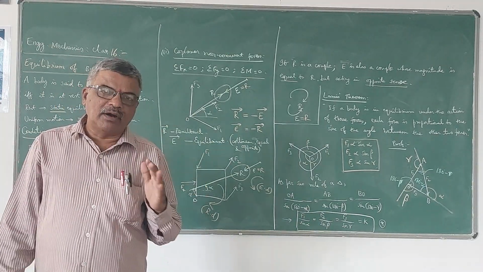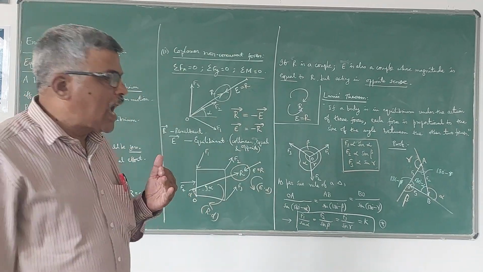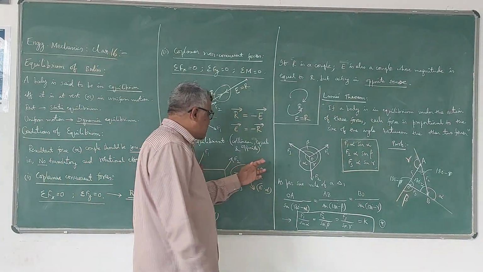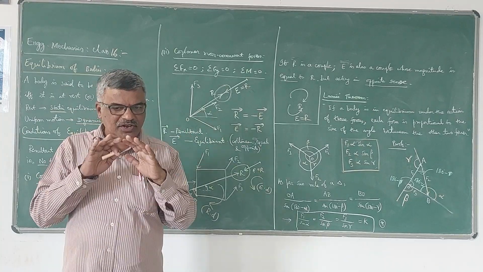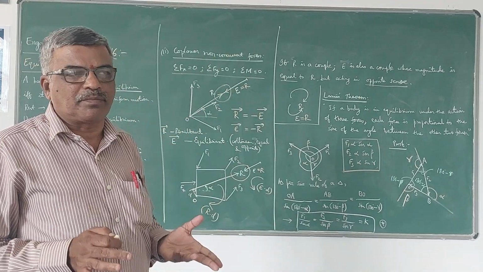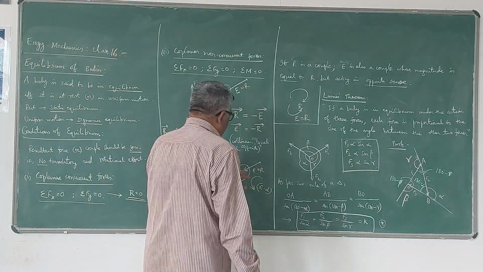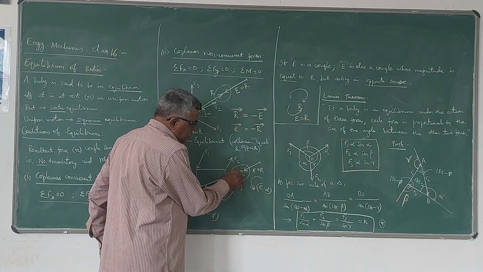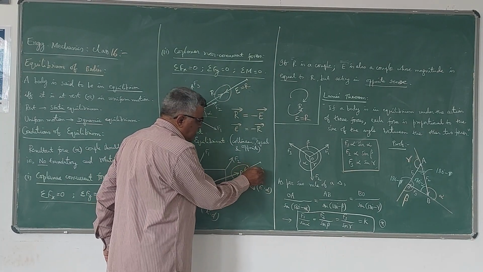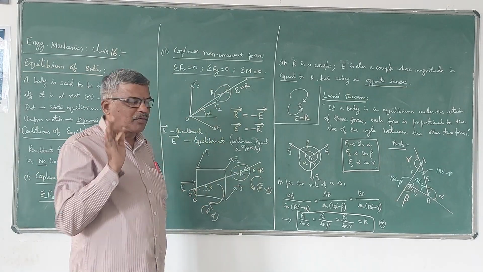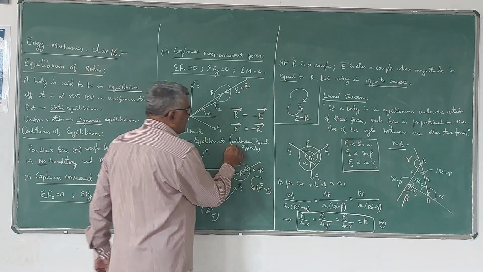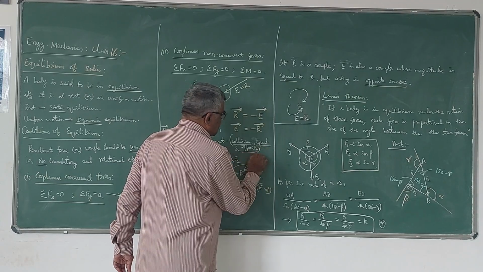But you have to take the equilibriant acting in the opposite direction of the resultant, collinear and equal. That's all. So the procedure is the same. One extra last step is to show the equilibriant in the opposite direction of this R, whose magnitude is equal to R, and it should be collinear. So 3 things are important: collinear, equal and opposite to R.